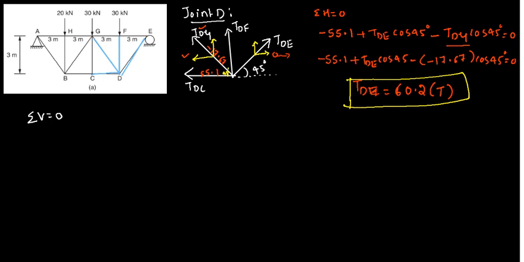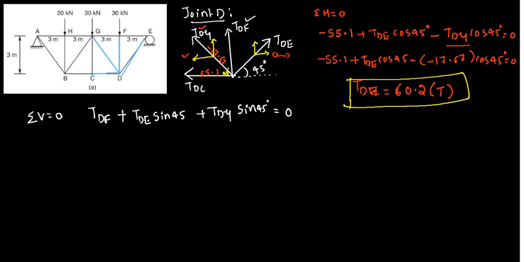Summation of vertical force. So vertical force means TDF is there, moving upward, this one positive, right, and the vertical components, that is also positive, plus TDE sin 45, and plus TDG again sin 45, this is equal to 0, right.